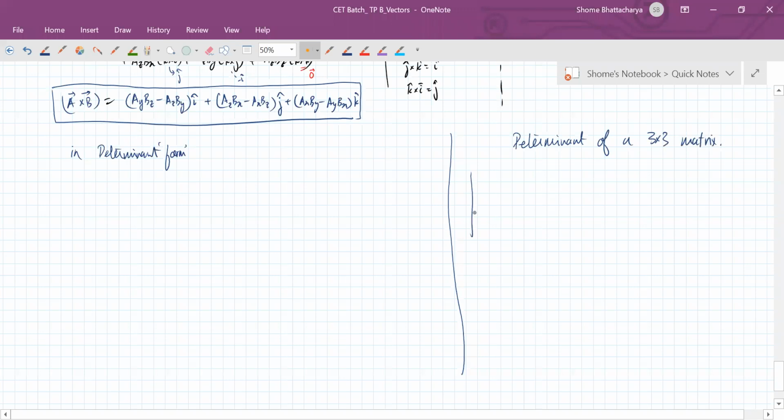A 3 by 3 matrix will consist of 3 rows and 3 columns. Let's say the first row we write as A1, A2, A3, the second row as B1, B2, B3, and the third row as C1, C2, C3.